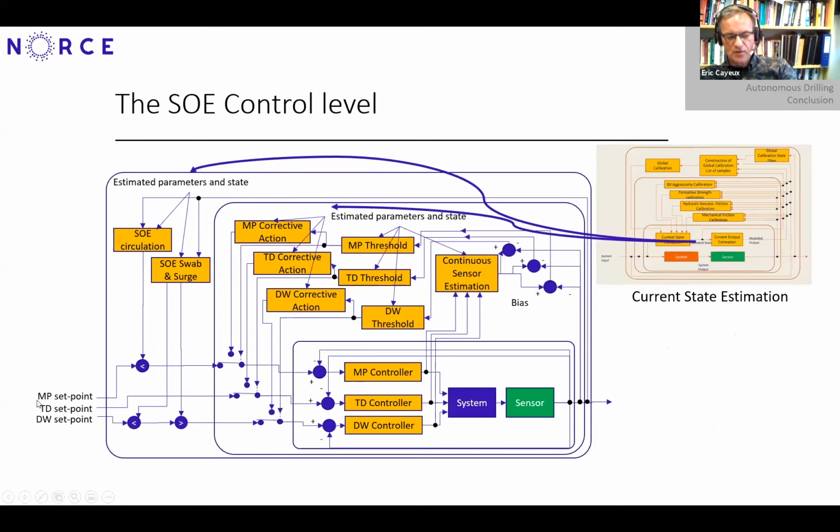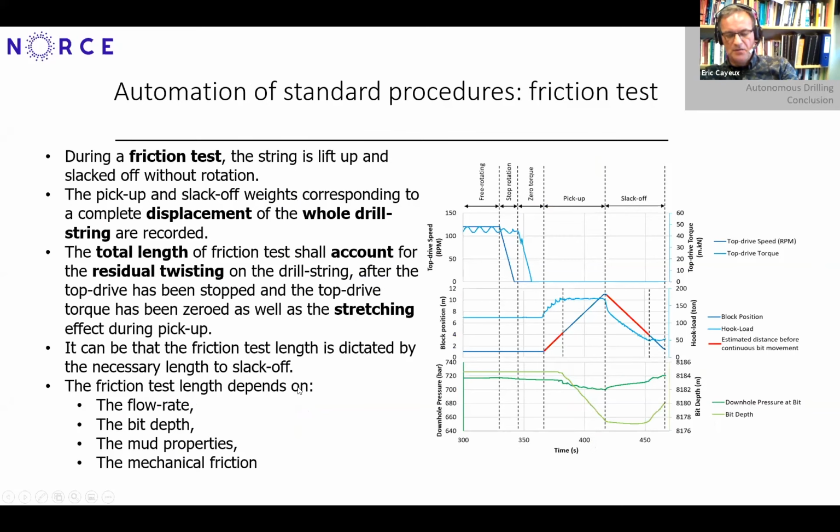And this is combined with the set points which are given to the drilling control system, so that the safe values are passed to the drilling control system, even if the driller is asking for something which is unsafe for the well.